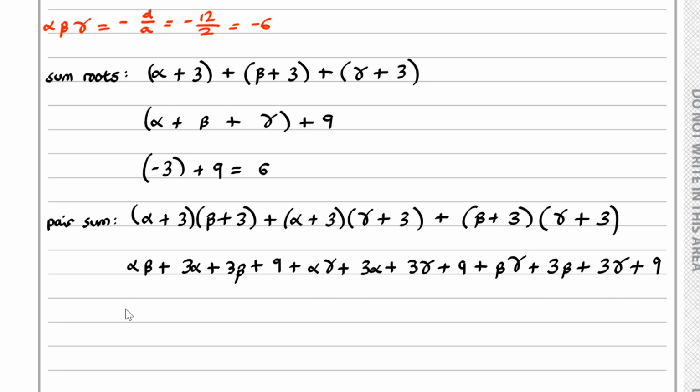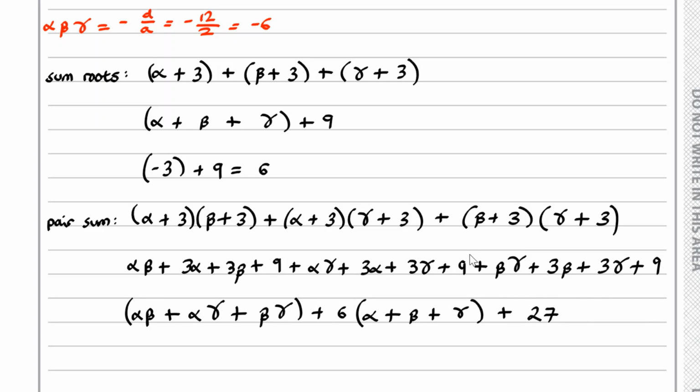If we tidy all this up, we have alpha beta plus alpha gamma plus beta gamma, and then 6 lots of alpha plus beta plus gamma, and then 27. That's just collecting all like terms.